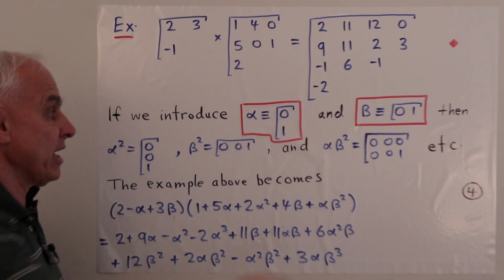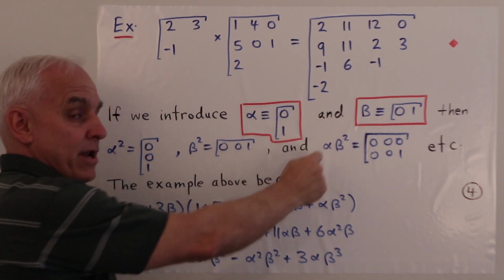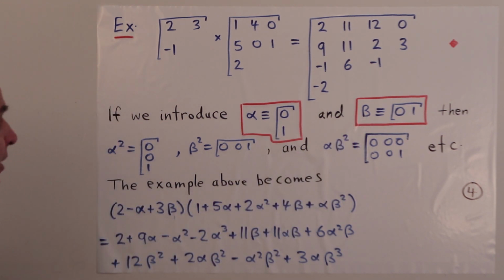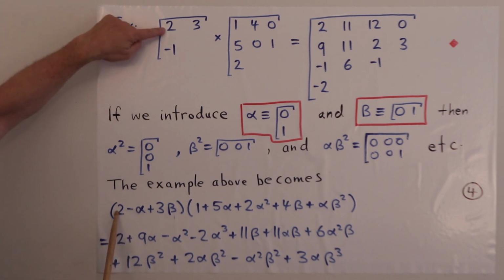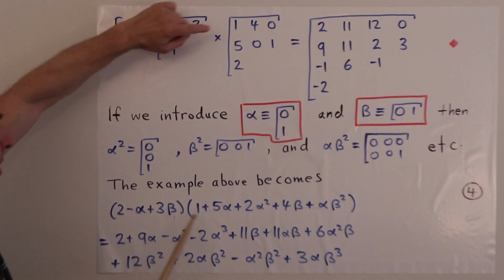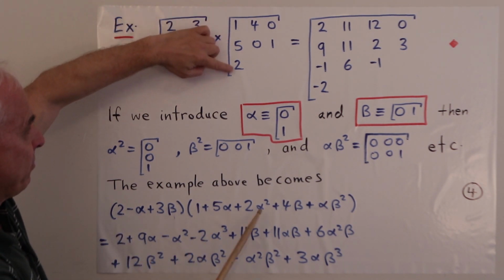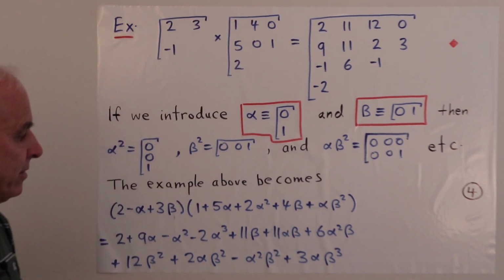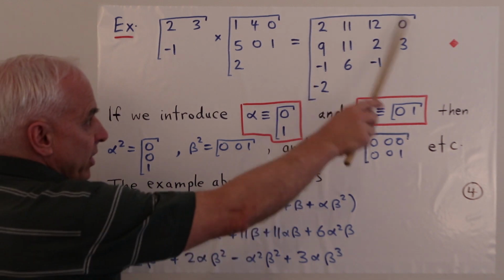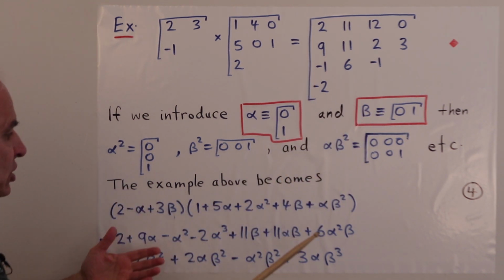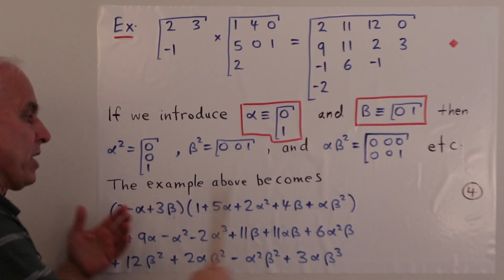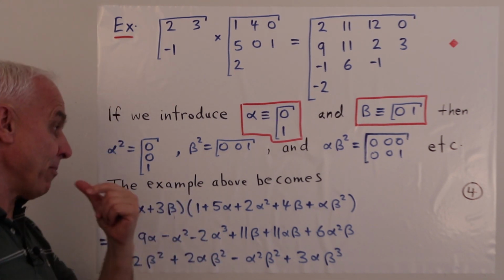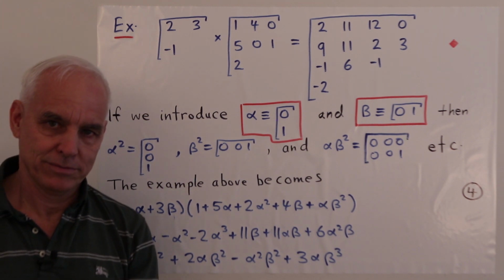It's actually just a very special polynumber. Alpha is just this polynumber and beta is just this one. So this thing here would be 2 minus alpha plus 3 beta, and this one would be 1 plus 5 alpha plus 2 alpha squared plus 4 beta plus alpha beta squared. And then you can check that the product that we're getting here is just the same as what you'd get if you did ordinary polynomial arithmetic to multiply this polynomial with this polynomial.